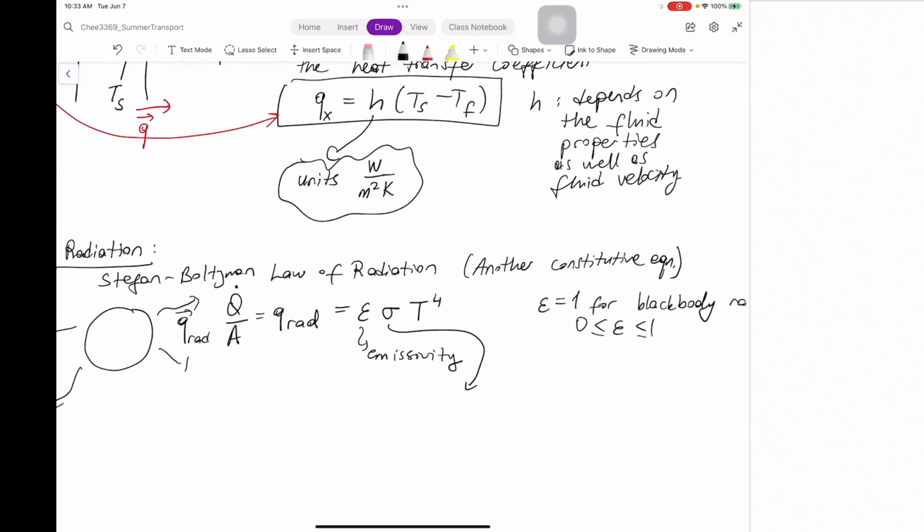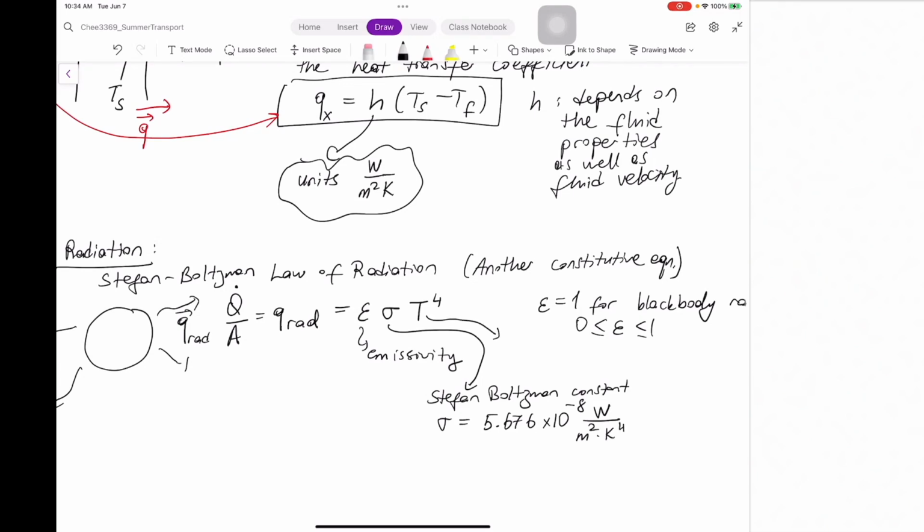Sigma, on the other hand, is the Stefan Boltzmann constant. And it's equal to, in SI units, 5.676, you don't need to memorize it, times 10 to minus 8. But it's a good thing to memorize the factor 10 to minus 8. That gives you an idea about how large this number is. It's a very small number in SI units, watt per meter square times Kelvin to the power 4.